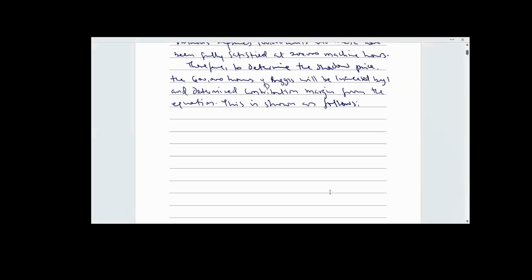I want to determine the number of units to produce with Biggies. For Biggies, we have a constraint of 600,000. You are going to increase it by 1.